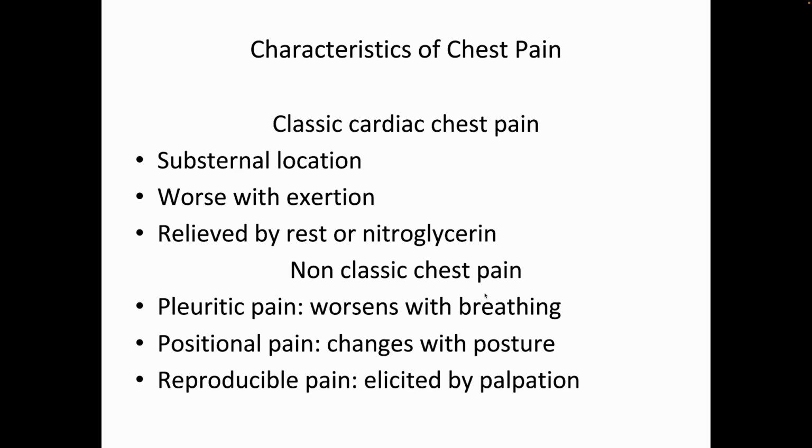So if the patient has chest pain with pleuritic nature, or changes with position, or is actually tender on palpation, you still want to perform an ECG, because some patients were seen to have such features and, further down with investigations, were found to have acute coronary syndrome.